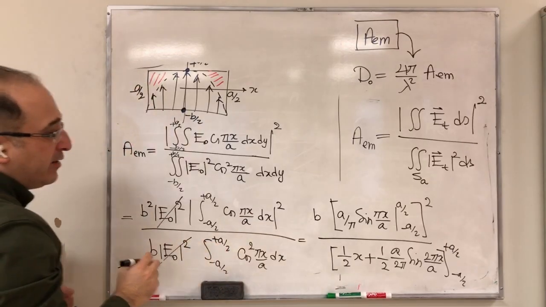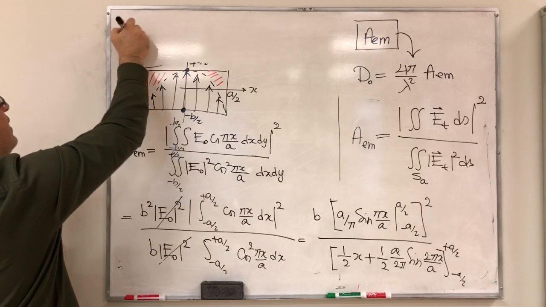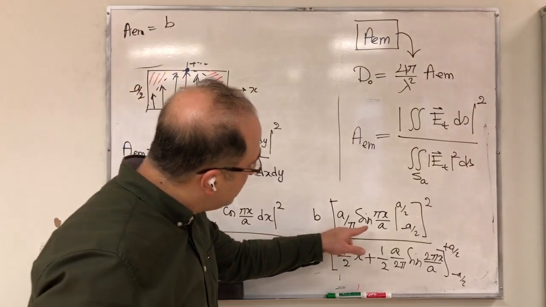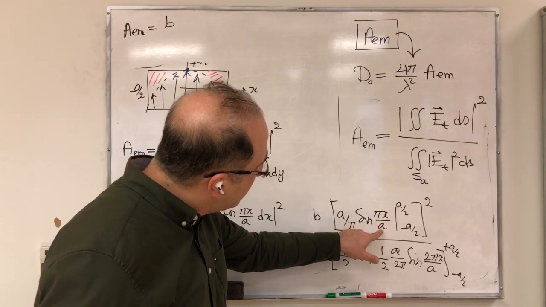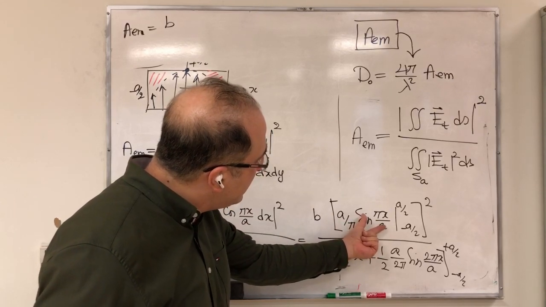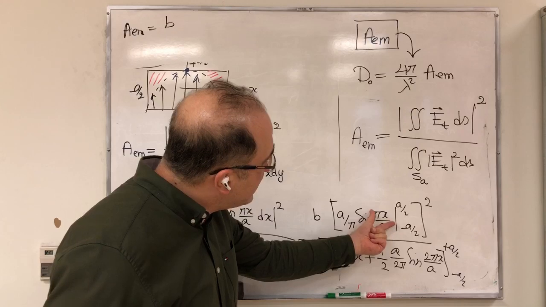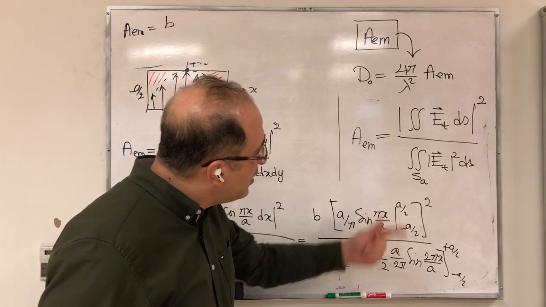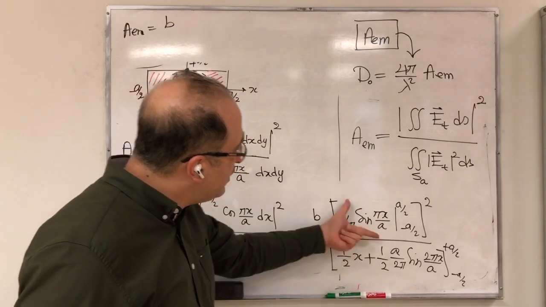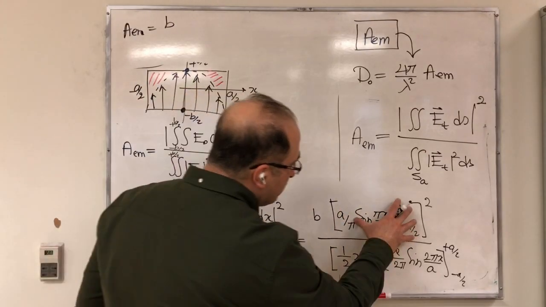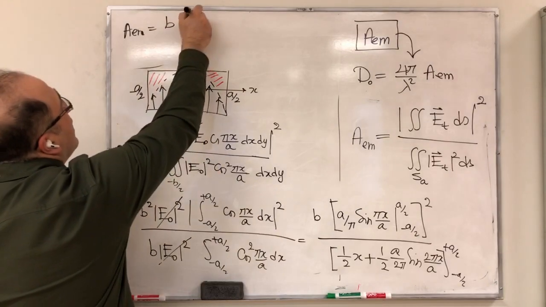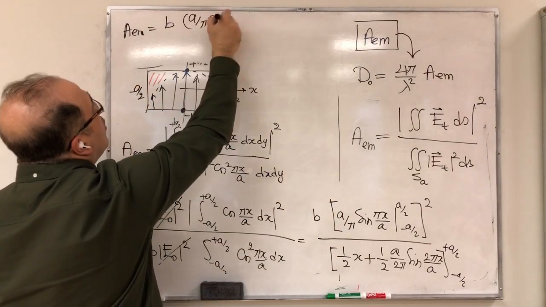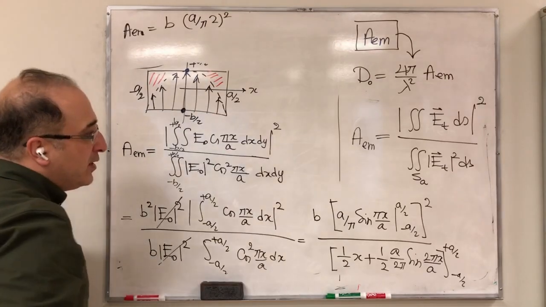And there I'm going to get A effective is going to be equal to B. Now, what would be the result here? If I substitute a divided by 2, I get sine of 90. So I get sine of 90 minus sine of minus 90. That's going to be 2 here. So this part would be 2. So I'm going to get a divided by pi, and then 2, the whole thing squared.